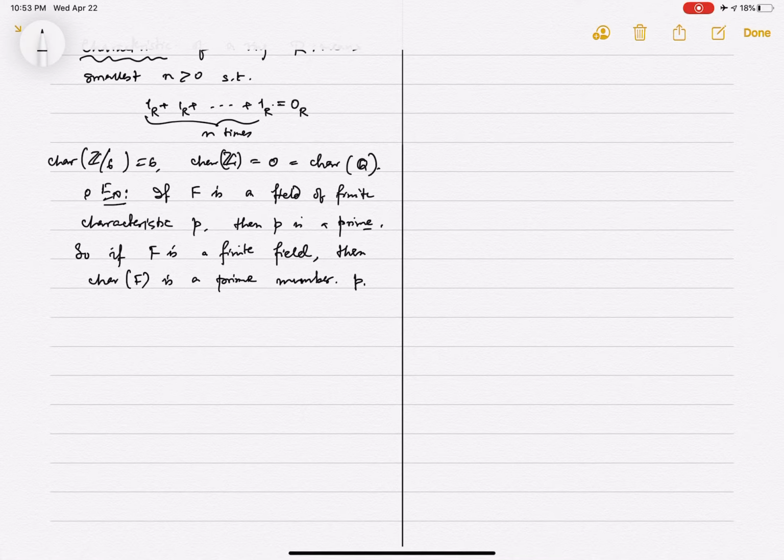And there is one extremely important function on finite characteristic fields called the Frobenius that we need to define as soon as possible. Let F be a field of characteristic p bigger than 0, meaning finite characteristic.